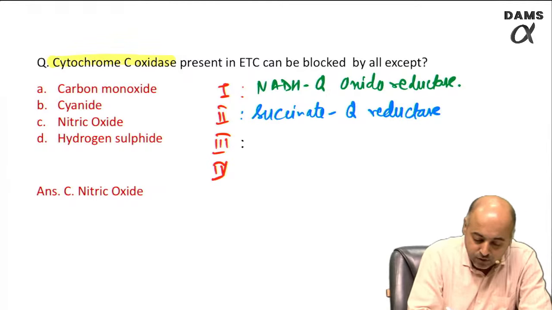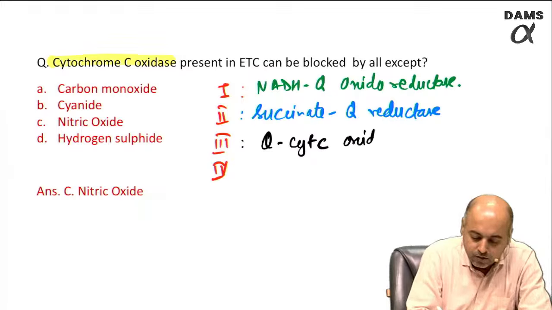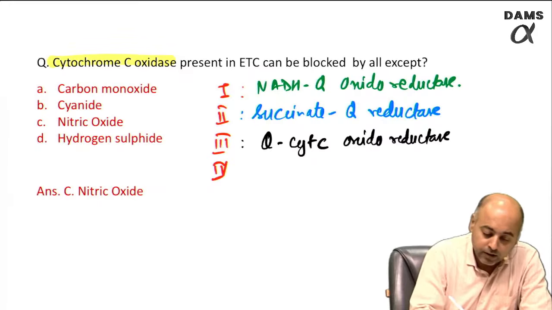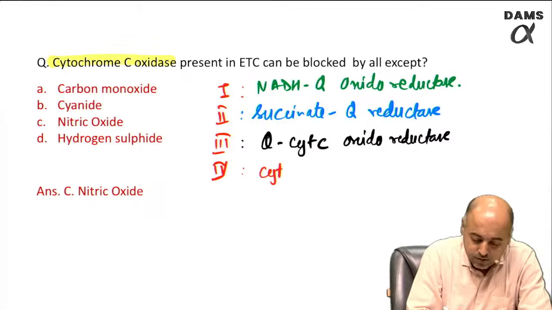Complex 3 stands for Q cytochrome C oxidoreductase. And complex 4 is cytochrome C oxidase.